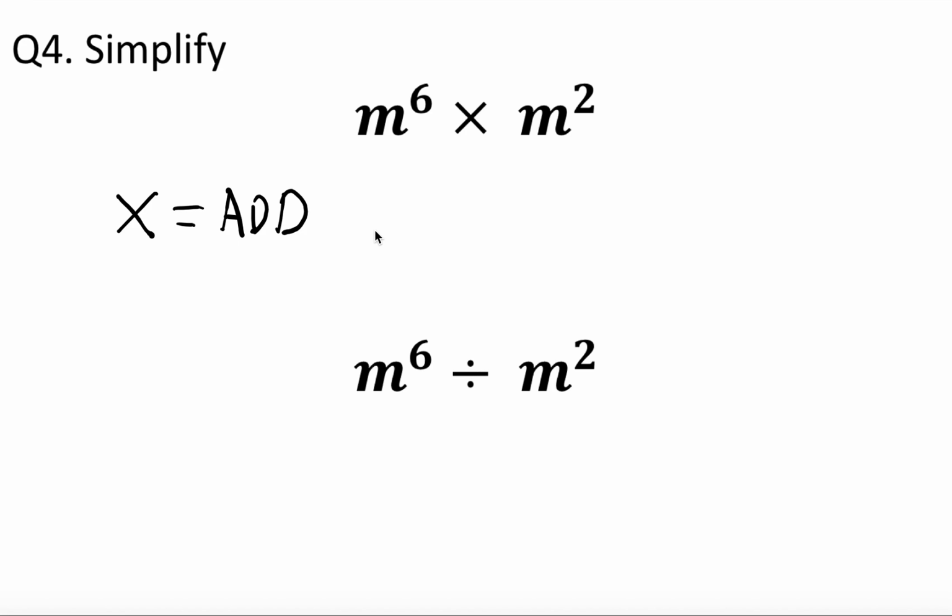So m squared times m to the 6, we just add the 2 and the 6, and that will give you m to the 8. So that's multiply.